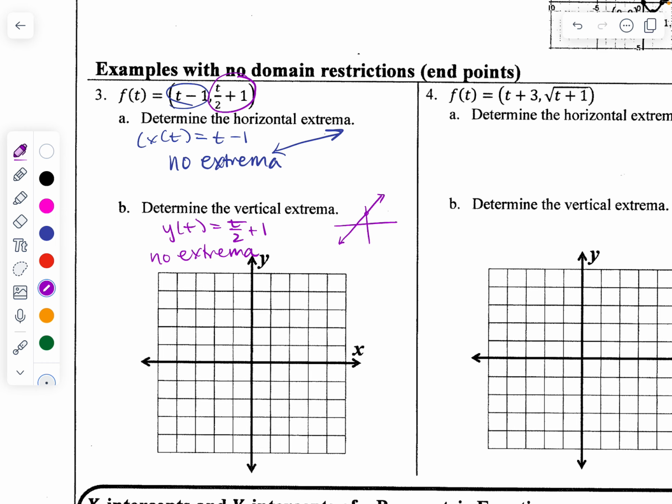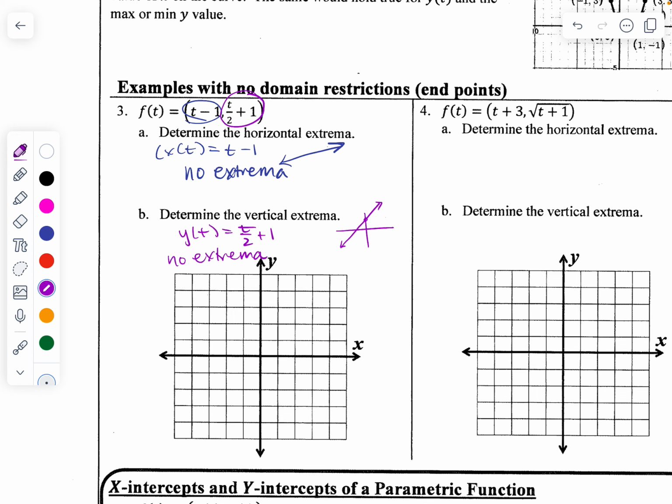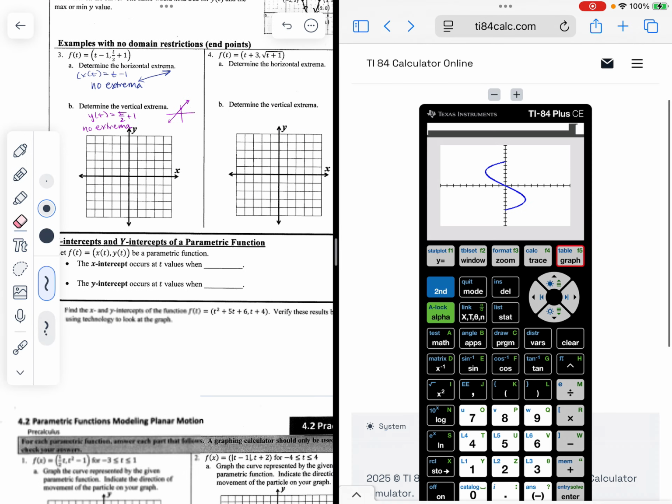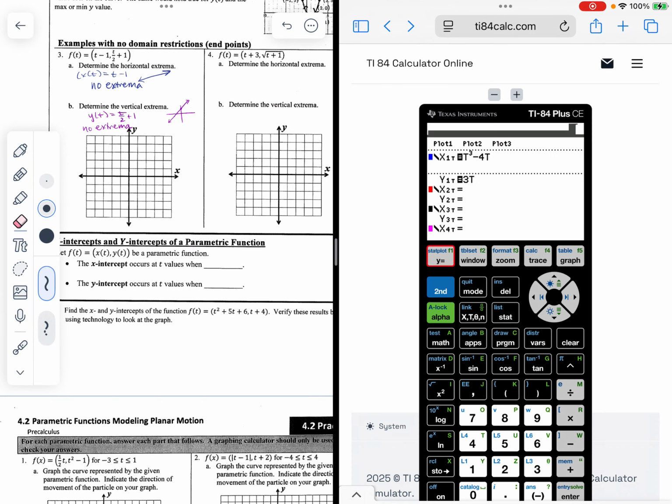Okay, so I'm going to graph what this looks like. I'm going to use my calculator. I'm going to plug these in for x of t and y of t. So let's go ahead and do that. Let me pull up my calc. Go ahead and get yours out as well. Y equals, and I'm going to plug in t minus 1 for my x of t.